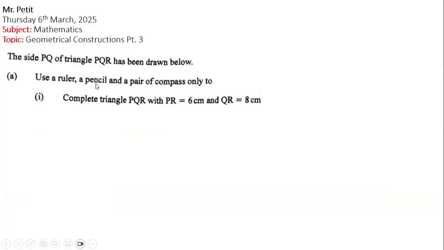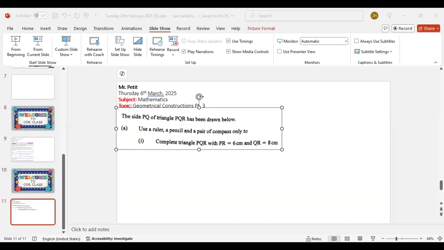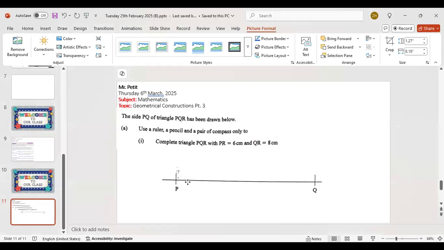Use a ruler, a pencil, and a pair of compasses to complete the triangle PQR, with PR being 6 centimeters and QR being 8 centimeters. So they give us the line segment PQ. That is what we were given.